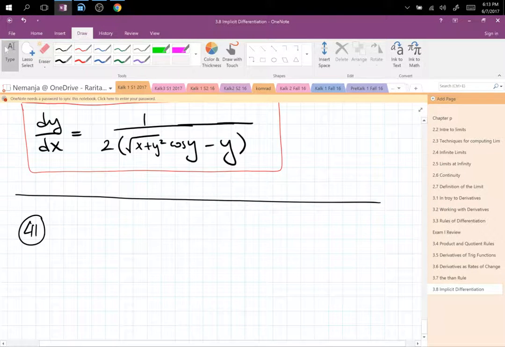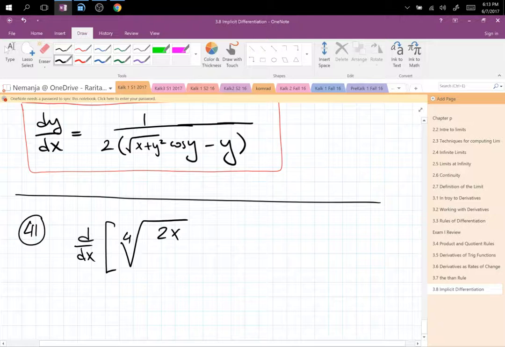Problem 41: find the derivative of the fourth root of a quotient. Chain rule is the main one, right?